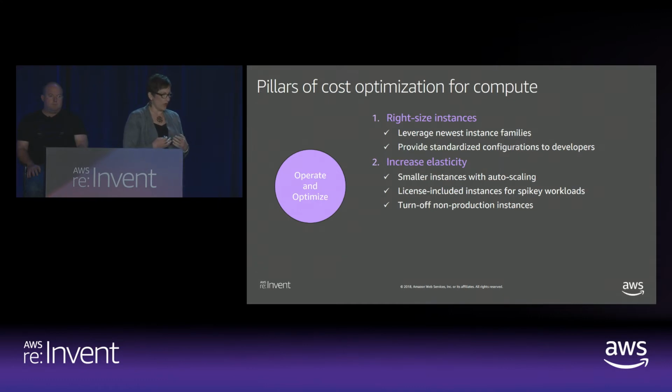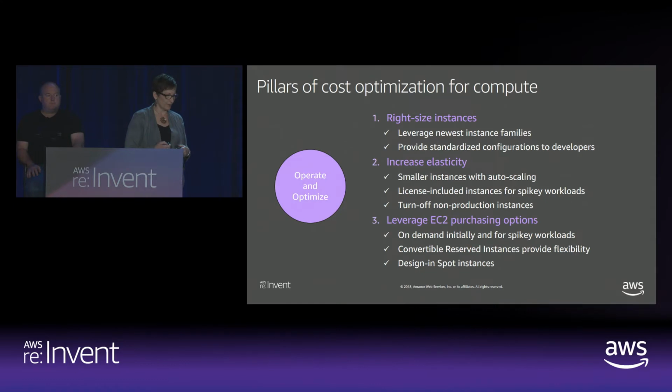Part of your strategy is also, for these spiky workloads, to make sure you're using license-included instances for those Windows workloads so that you're not paying all the time for those licenses. And of course, using that start-stop feature, turning off non-production instances at night and on weekends, is a great cost savings.